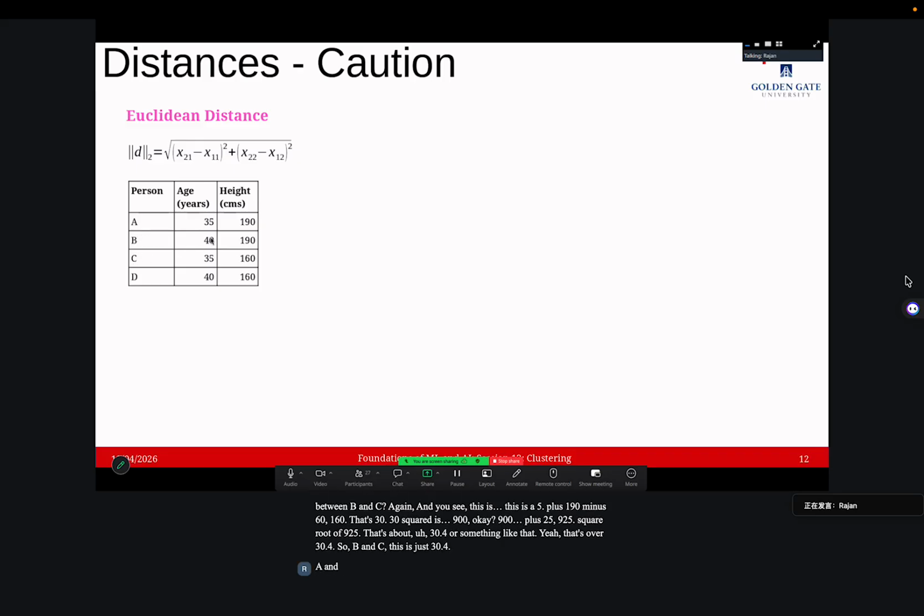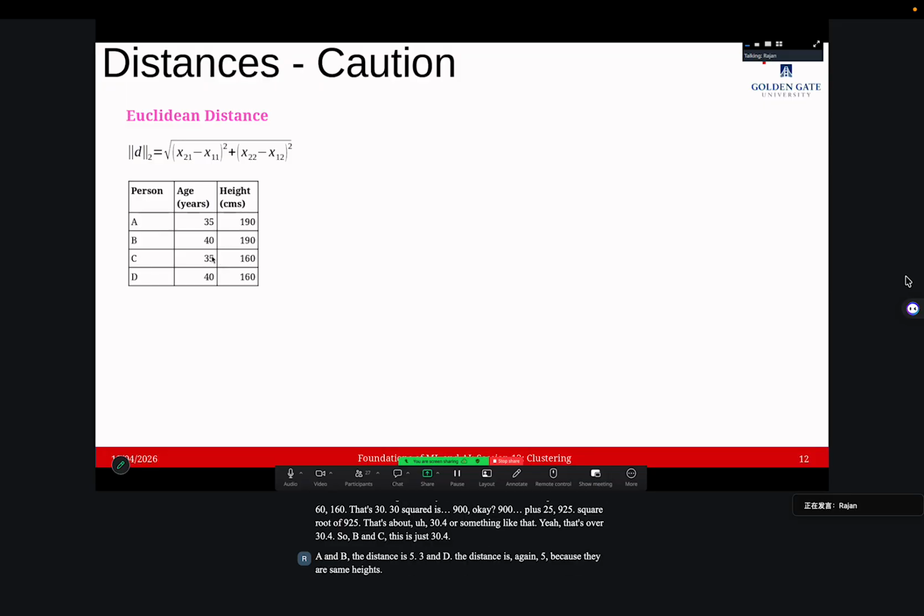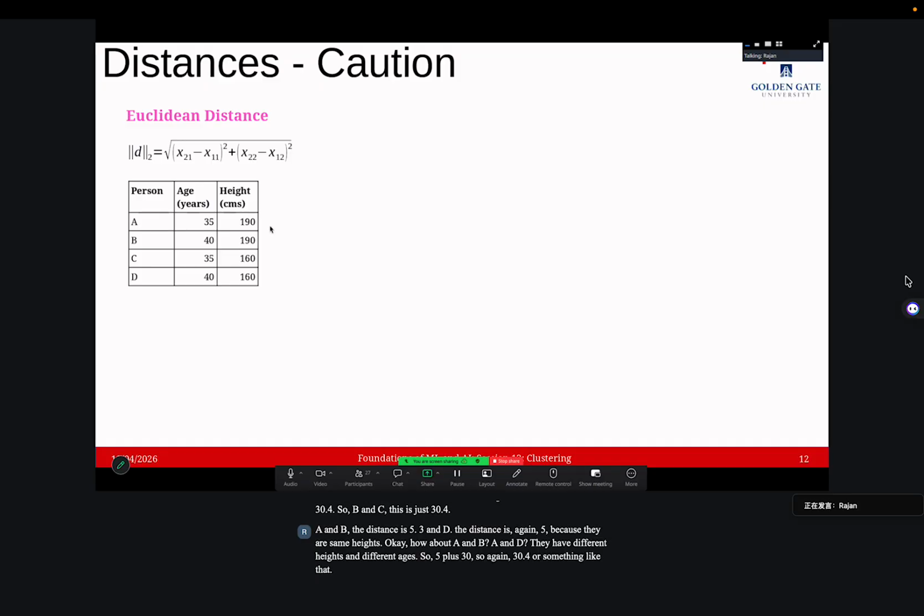A and B, the distance is 5. C and D, the distance is again 5 because they have the same heights. How about A and D? They have different heights and different ages, so 5 plus 30, again about 30.4.